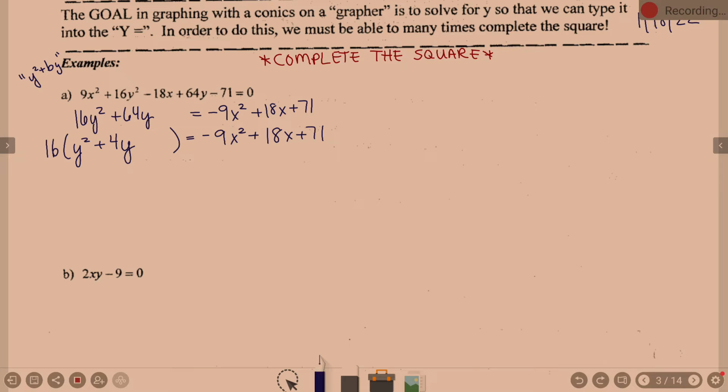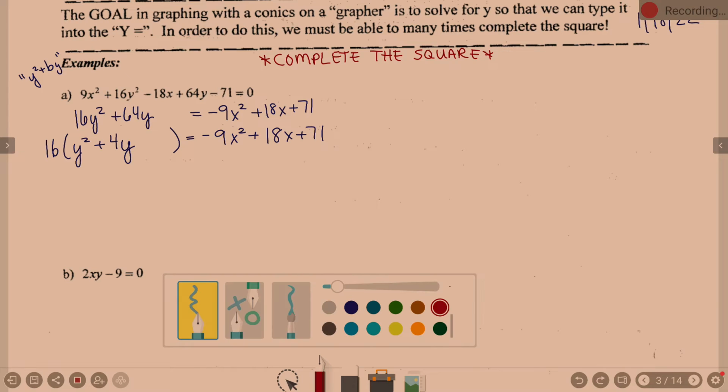That always pops up. Yes? Okay, so if the right side would divide nicely by 16, we still divide that 64 by 16, correct? Yes. If the right side would divide nicely by 16, you would just have to divide everybody across the way by 16. So, okay, we ready to complete the square?